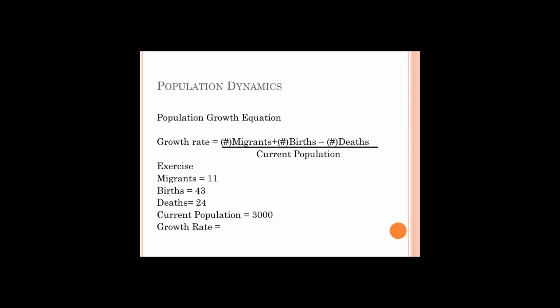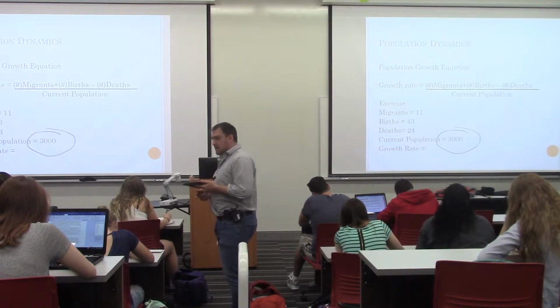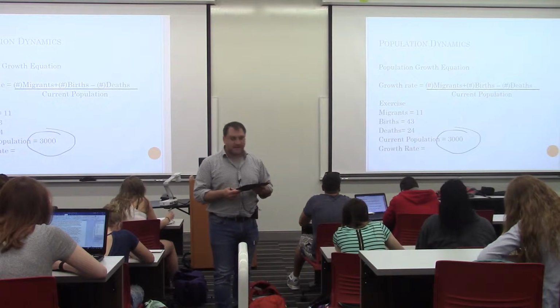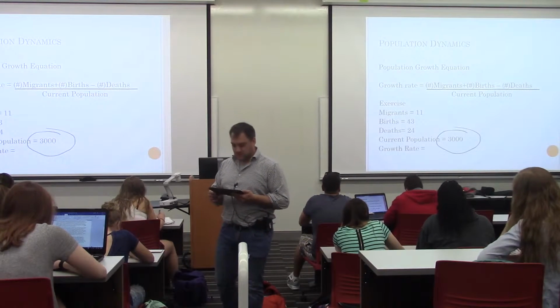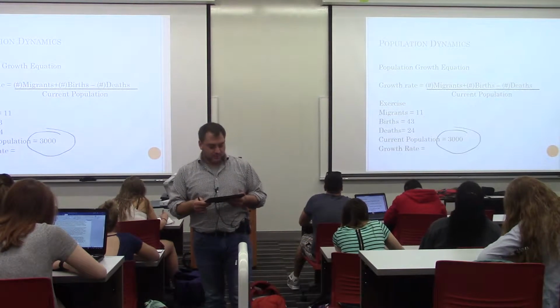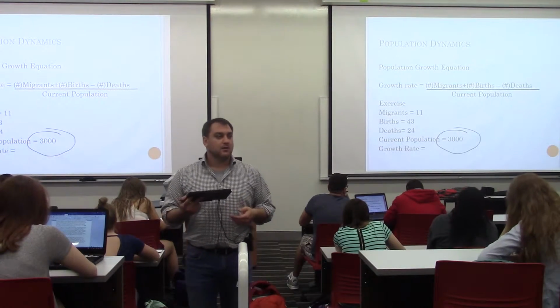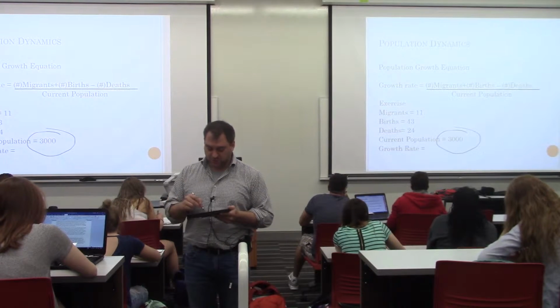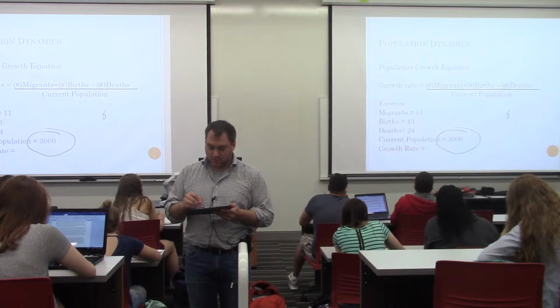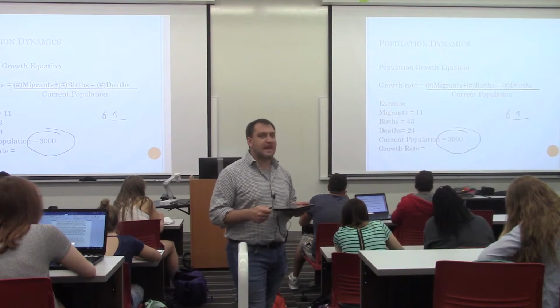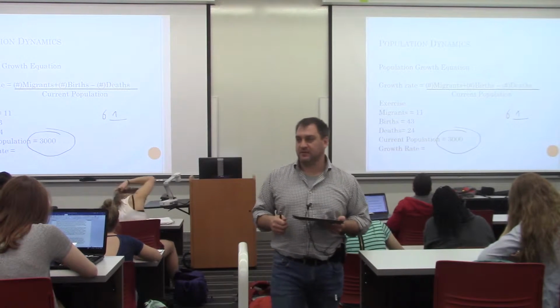So if we took a hypothetical current population of 3,000 people, and in this hypothetical population we had 11 people move in, 43 people be born, and 24 people die, we would get a population growth rate of 0.01, or a 1% population growth rate.